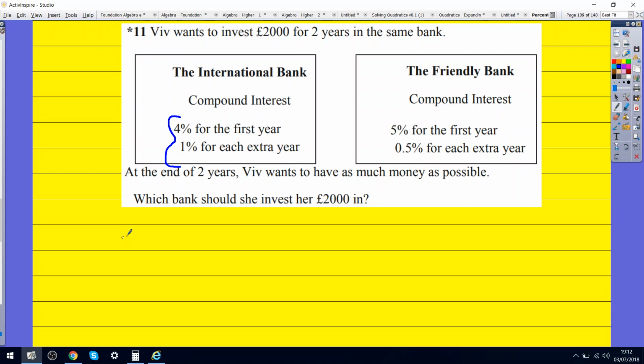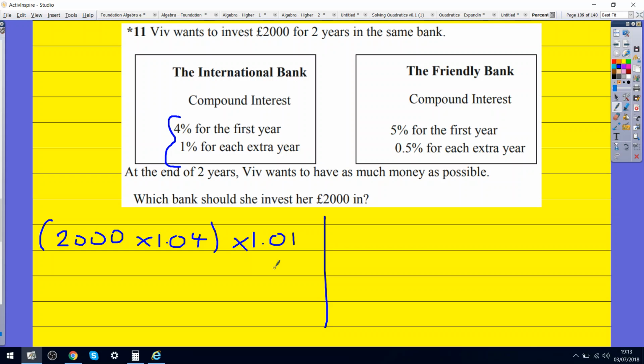So 2,000, gives us £2,100.80. And how about the second one? What's the working out?